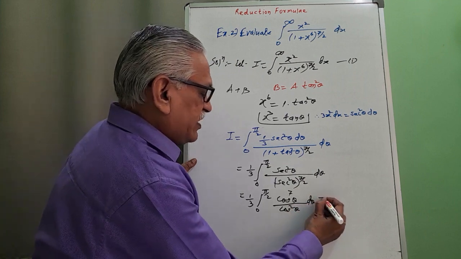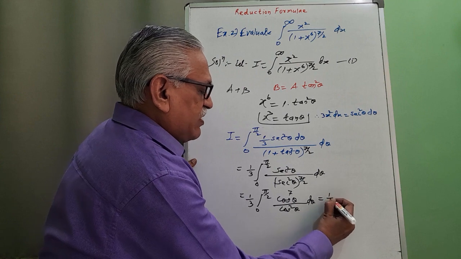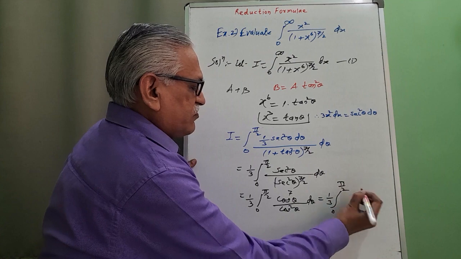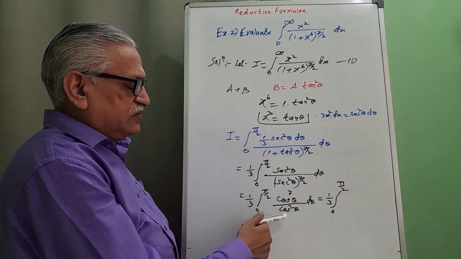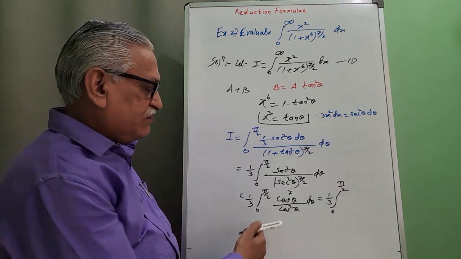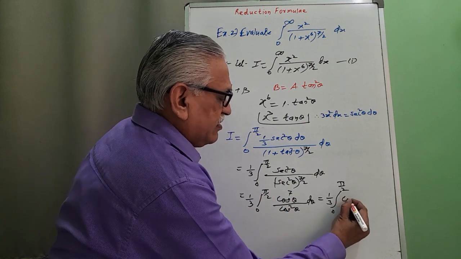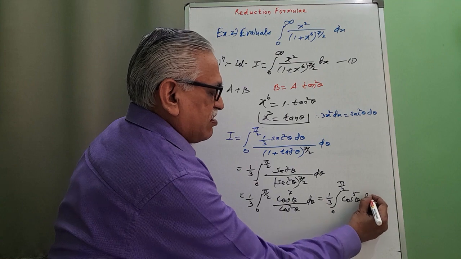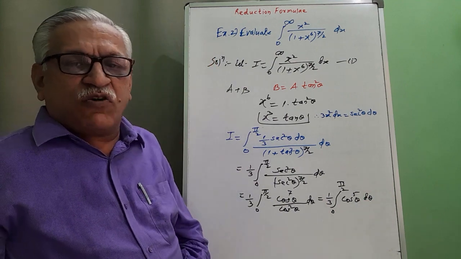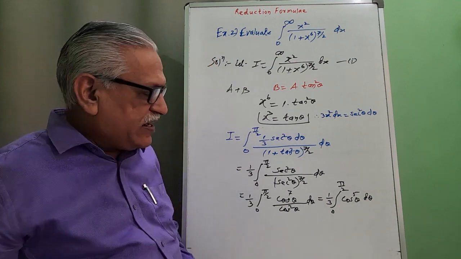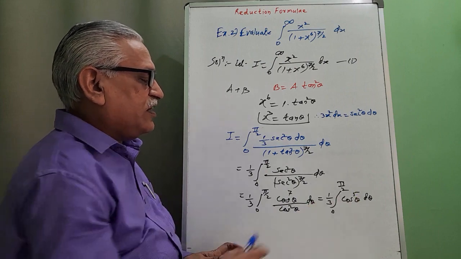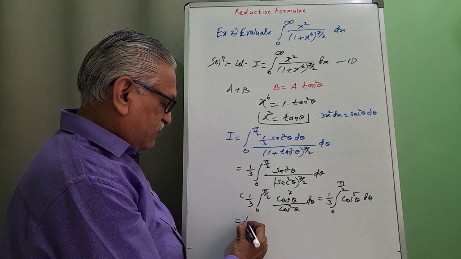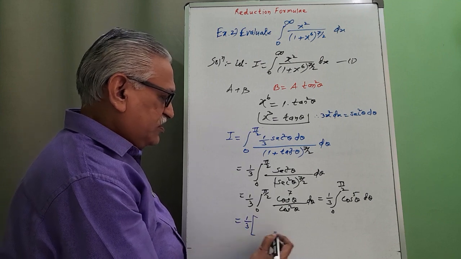And therefore, we get that value as 1 by 3 times integration from 0 to pi by 2 of, subtracting this power, we get resultant term as cos theta raised to 5. Applying that reduction formula for cos theta raised to m, we get that value as 1 by 3 as it is, no change.